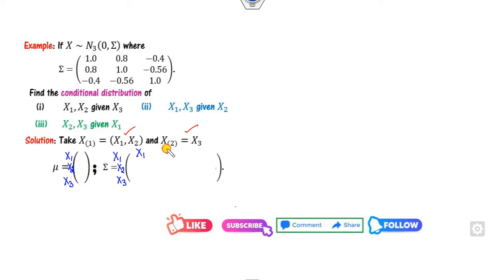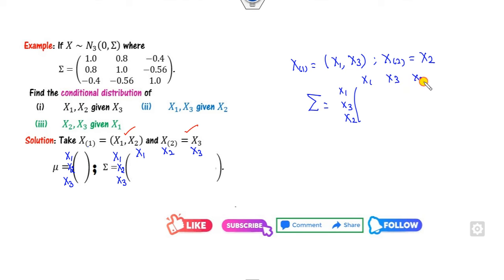Again it is x1, x2 and x3. If for example your x1 is x1, x3 and your x2 is x2, then this one is x1, x3, x2, and likewise x1, x3, x2 in the second part.